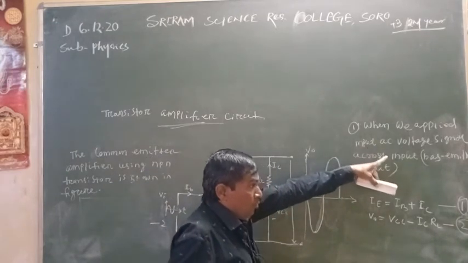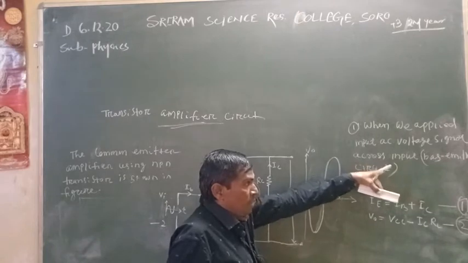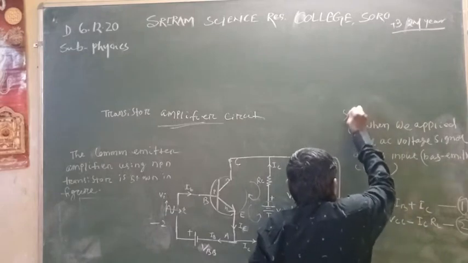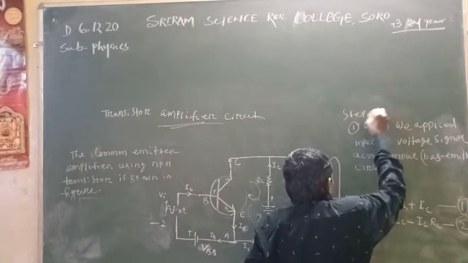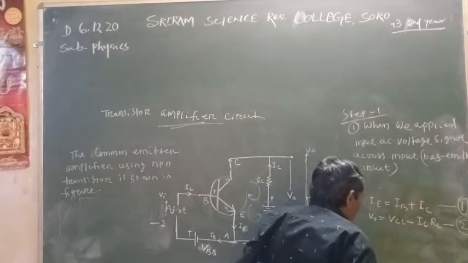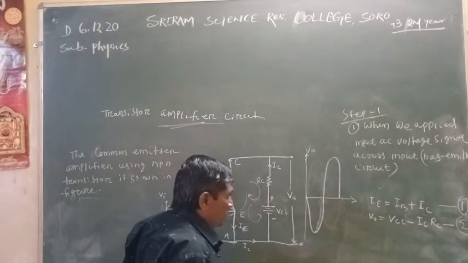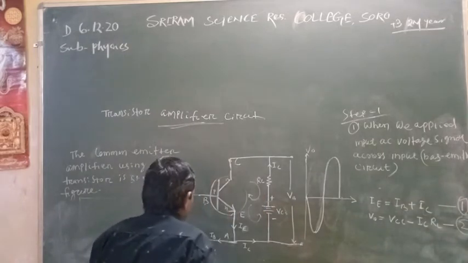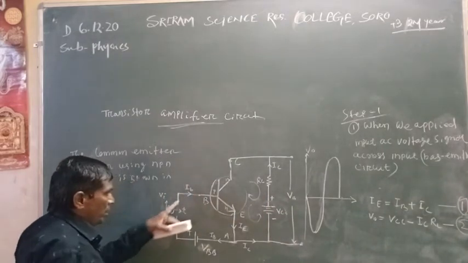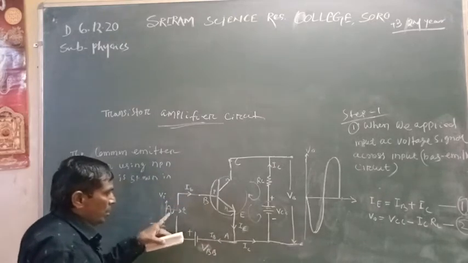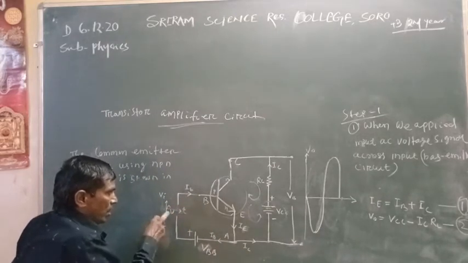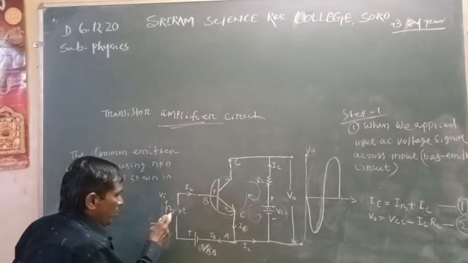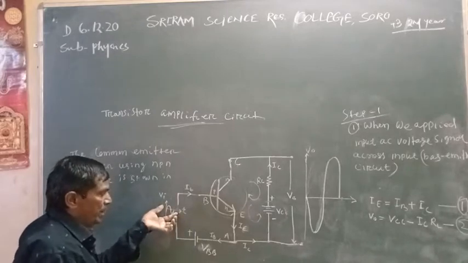Now when we applied the input AC voltage signal across the input base emitter circuit, this is step 1. Then what happens we see. When the input AC voltage is applied to the base emitter circuit, now the impact of the positive half cycle of the input supply.